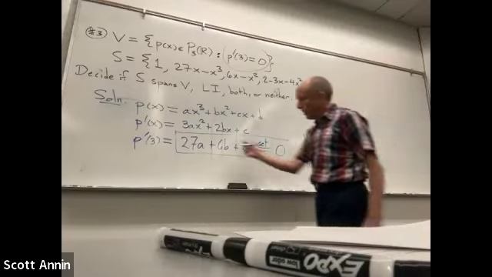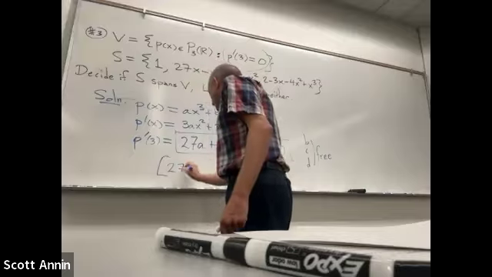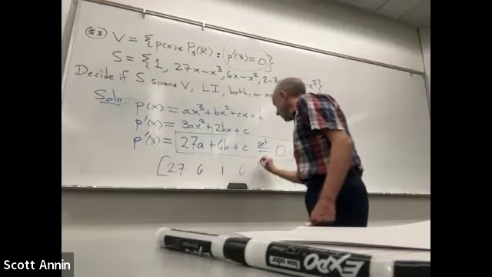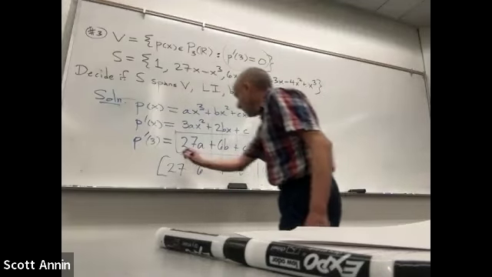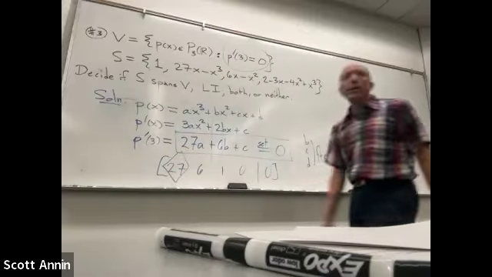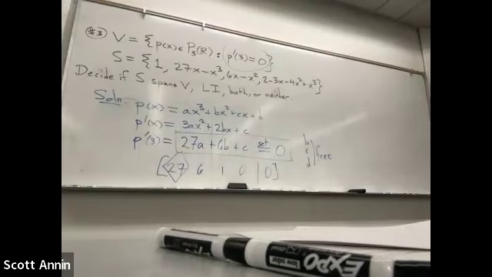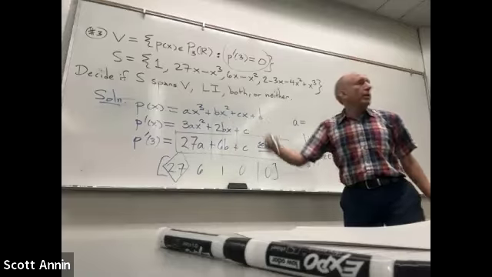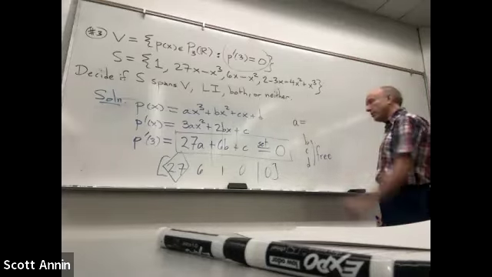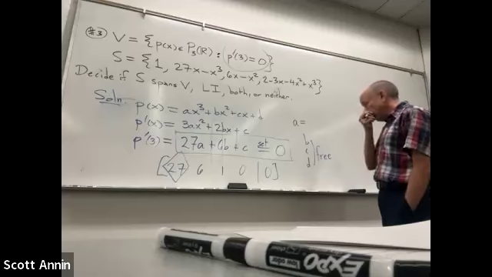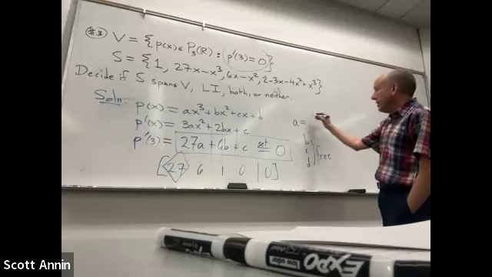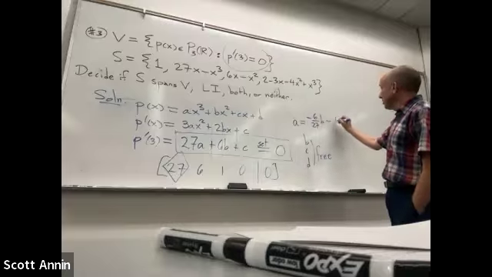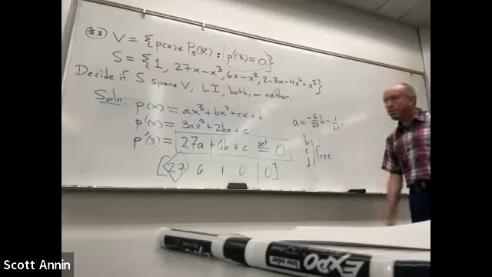If you thought of it as a matrix, you would only have the pivot on that a variable. Then I can solve for a in terms of the free variables, in this case b and c. You'd have a equals negative 6 over 27 of b, minus 1 over 27 of c.